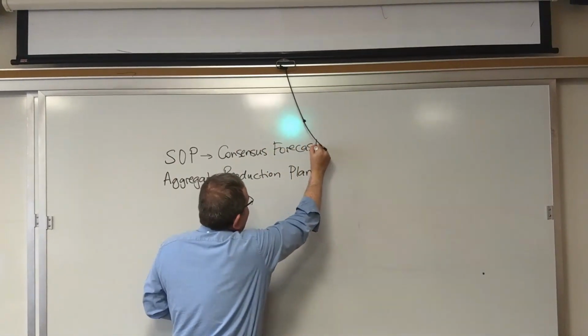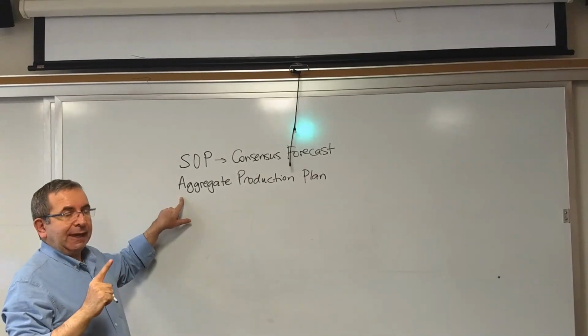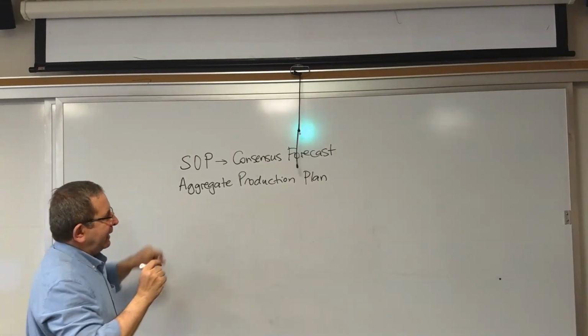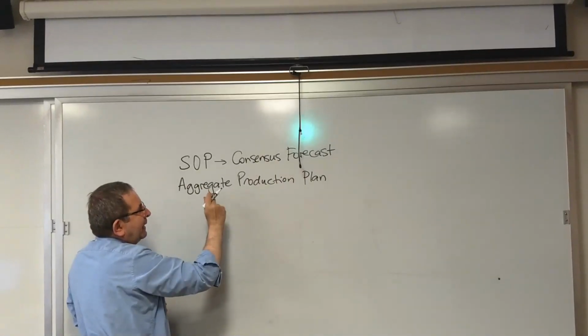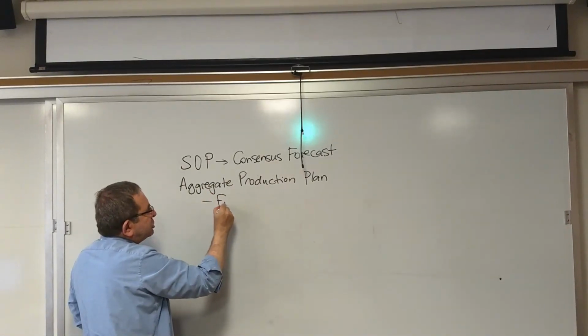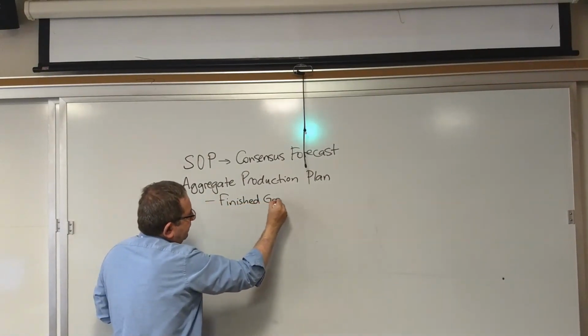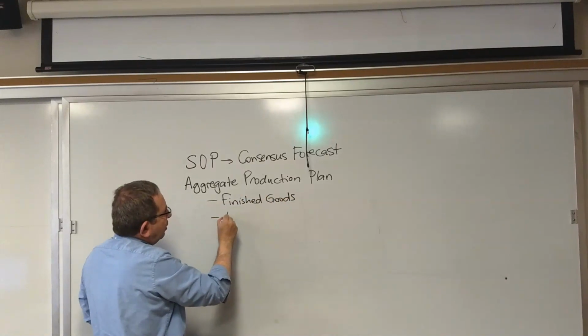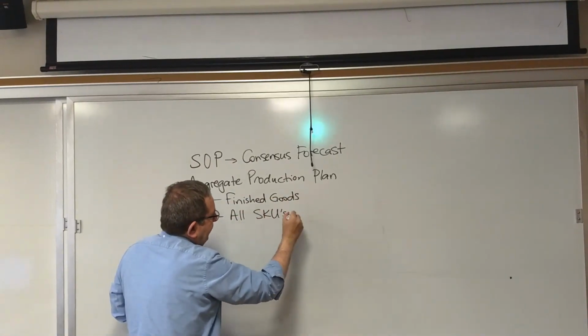Based on the consensus forecast, we come up with a production plan. And this forecast and the production plan are for finished goods, and all SKUs combined, so total production.